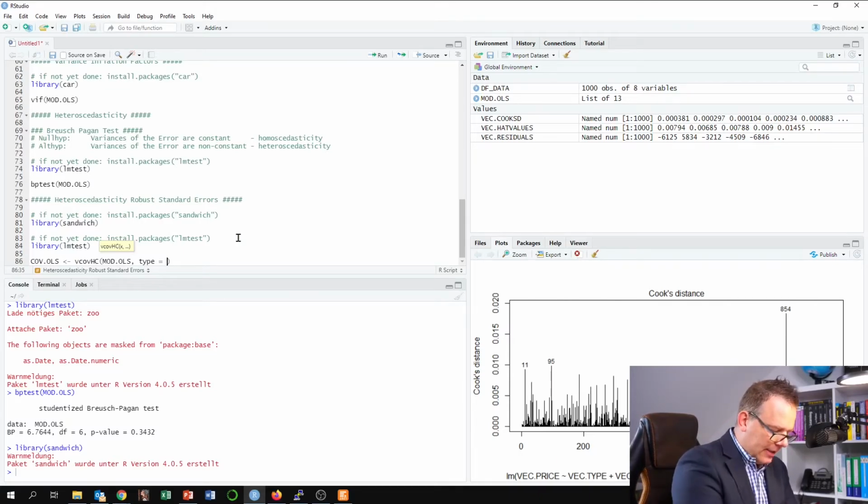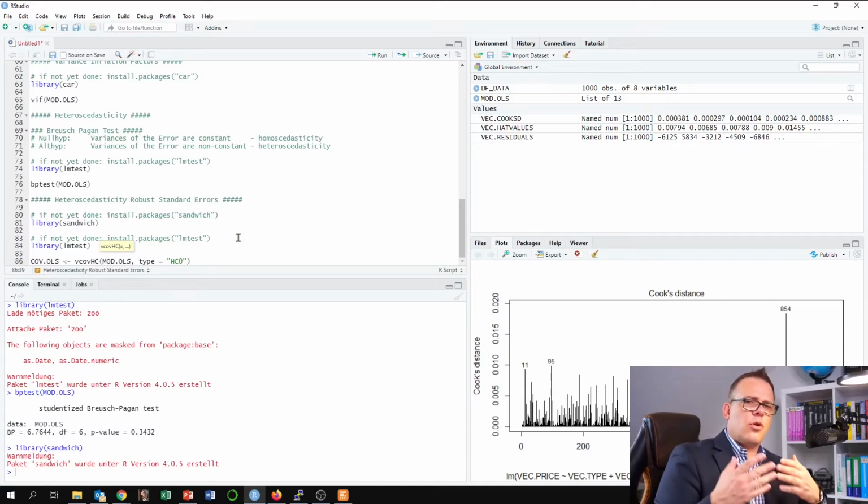The type of correction typically goes back to White, HC0. Let's use this one, HC0. It's a bit old-fashioned. The standard here is HC3. Nevertheless, what's the difference between those types? They have different corrections for small samples. Nevertheless, we have a large sample here, and if the sample is large enough, those HC corrections converge to each other, so they deliver mainly the same results.